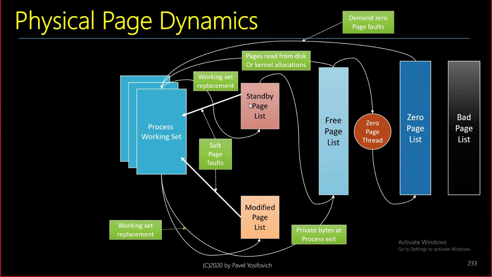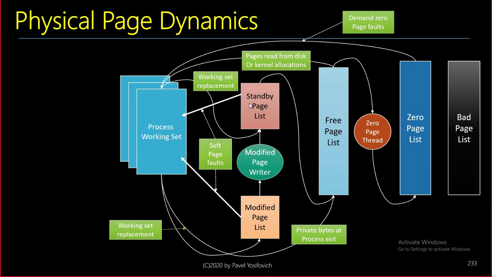Or if the modified page list becomes relatively large, or the standby page list becomes relatively small, then we have another thread called the modified page writer, which wakes up lazily and writes the modified pages to their backup in the page file. This thread doesn't wake up often because, again, I/O is expensive. It tries to wake up when certain thresholds are met and it becomes necessary to do so.